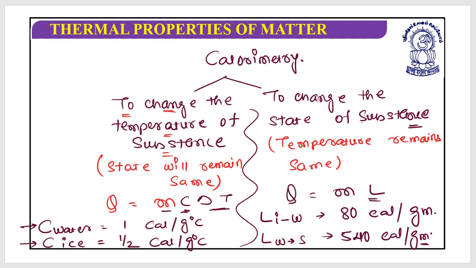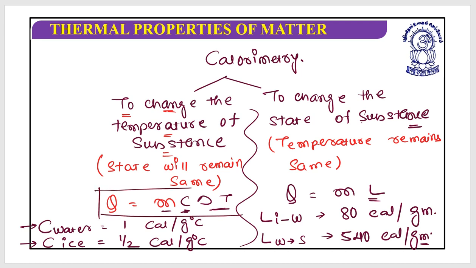We have discussed this in the previous slides too, but here it is the summarization sheet where you need to remember the specific heat capacity for water and for ice, as well as the latent heat for converting ice to water or water to steam, as each of the relations has its own role.